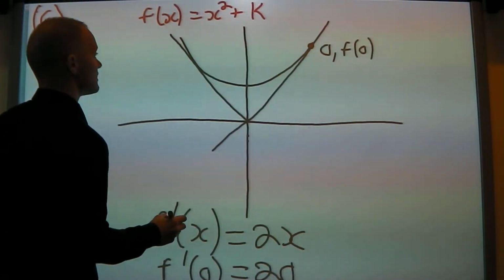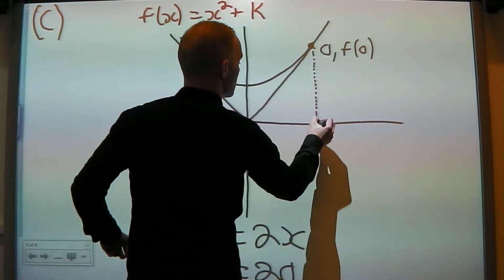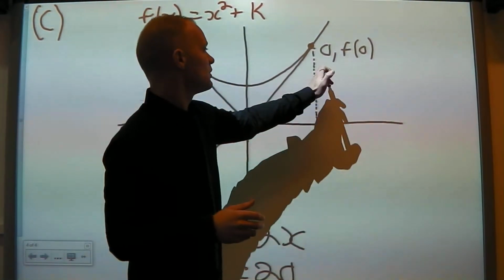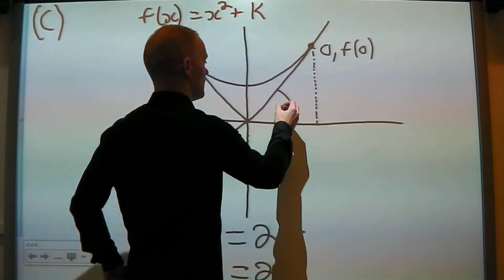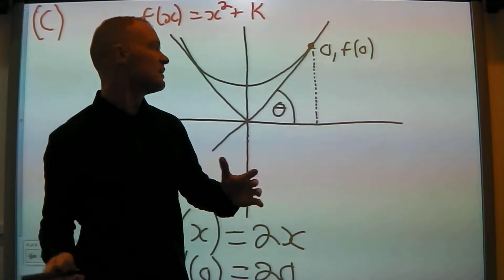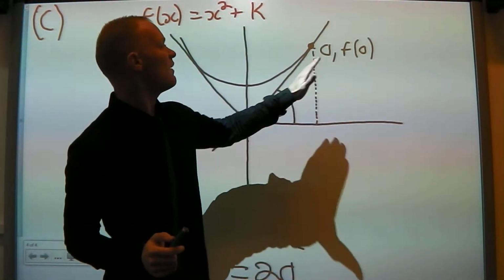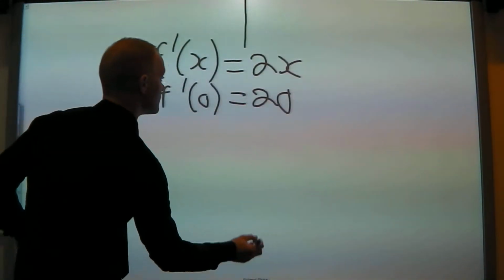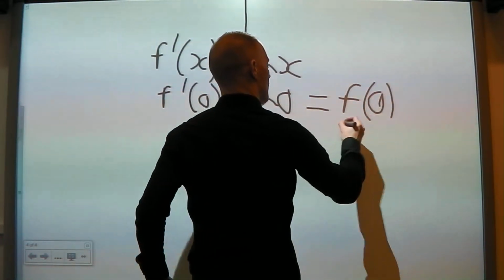But we also know this: if we draw a line out here, the slope of that tangent is always the y value over the x value, as in tan of the angle. So tan of theta is always equal to the slope of a line. Here the slope of this line is equal to f of a over a. So 2a is equal to f of a all over a.